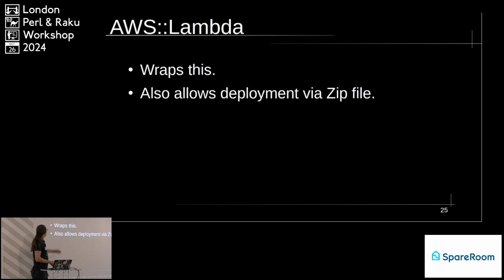There is a module here which wraps it, which also gives you another form of running it. So as well as giving Amazon a container to run, you can also give them a zip file. I've not looked at quite how that works with which Perl you get, but that's something you can have.